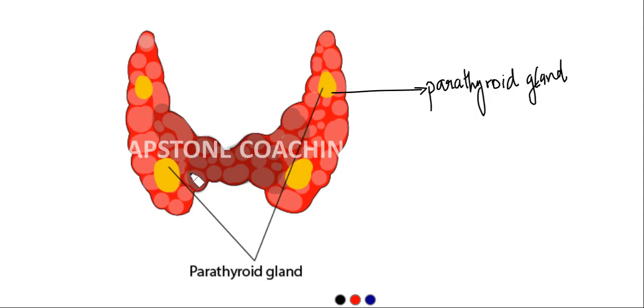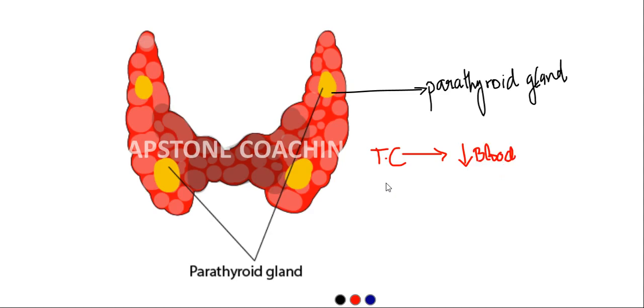What these do is produce the parathyroid hormone. Now this hormone does the opposite of thyrocalcitonin. As I said earlier, this hormone too helps in calcium homeostasis. But thyrocalcitonin decreases the calcium levels in the blood, so serum calcium levels are decreased by this hormone.